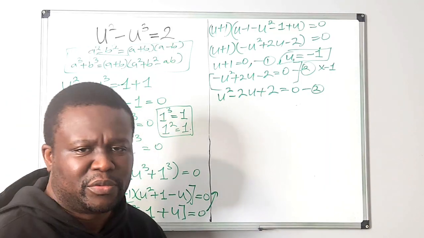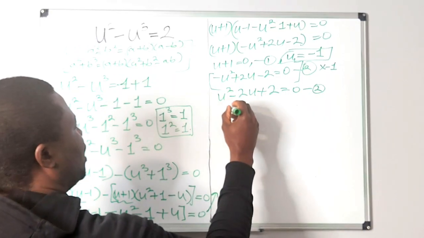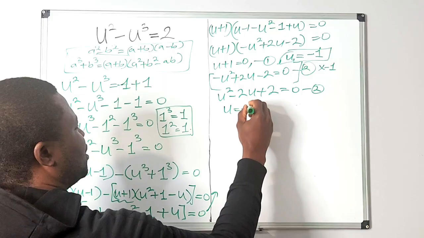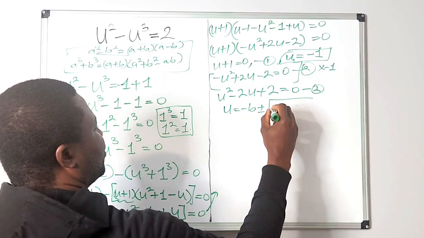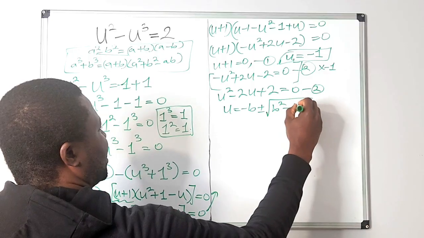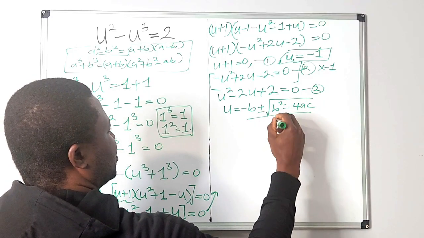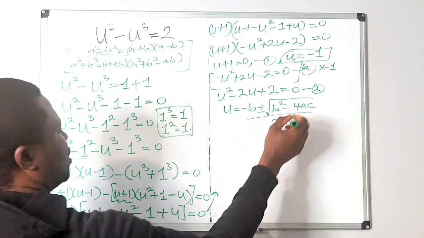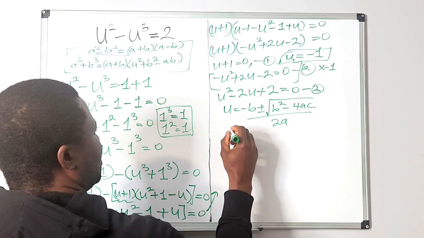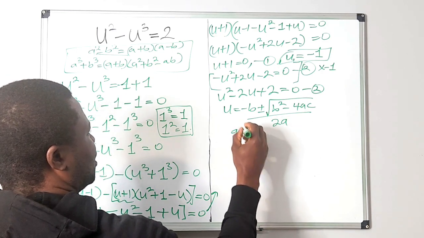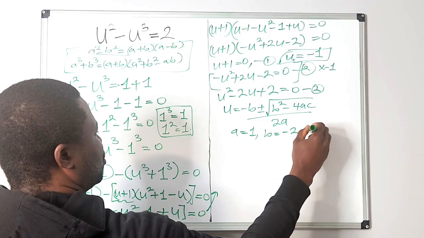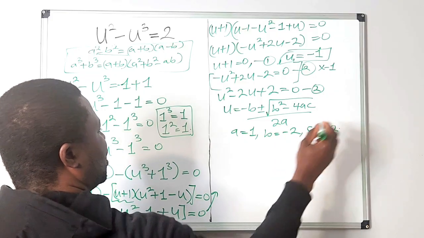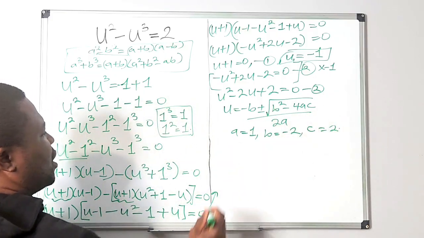To find the other values of u, we use our equation: u equals minus b plus or minus root of b squared minus 4ac, divided by 2a. So from this equation, our a is 1, our b is minus 2, and our c is 2. So let's plug these values into our equation.